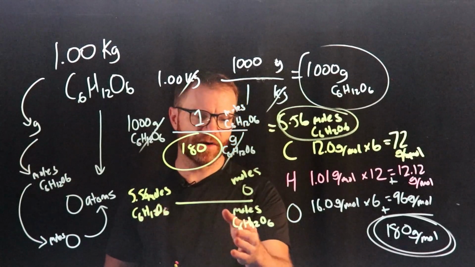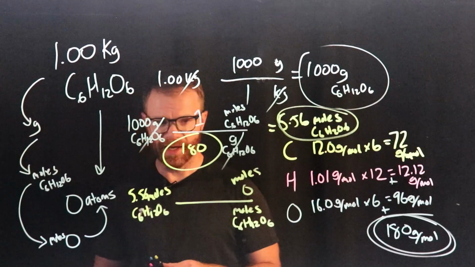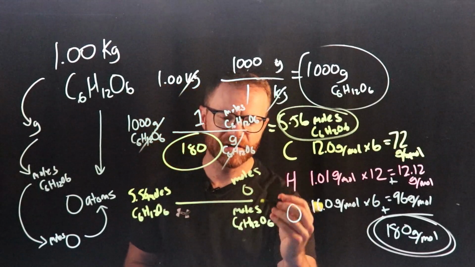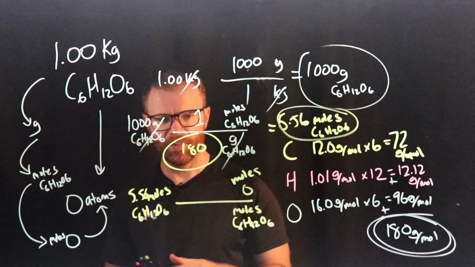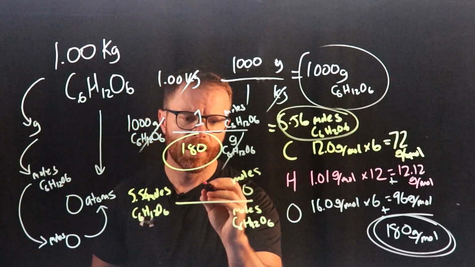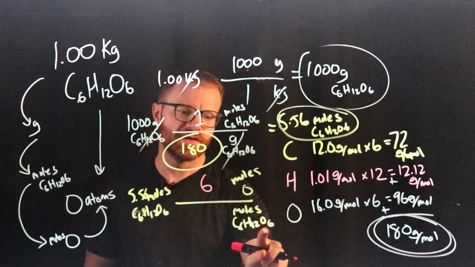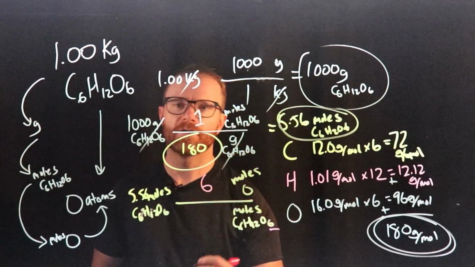So if I have some crazy number of moles of glucose, how many moles of oxygen do I have? We just need to look at the number of oxygens in every glucose, just like we would look at the number of wheels on every bicycle. And here we can see that there are 6 oxygens for every 1 overall glucose molecule.